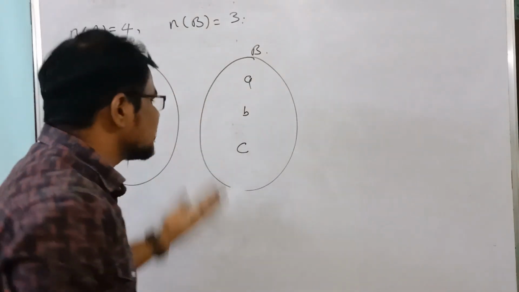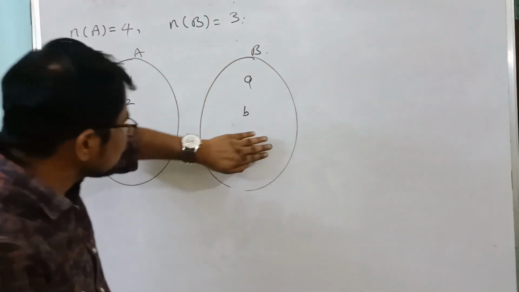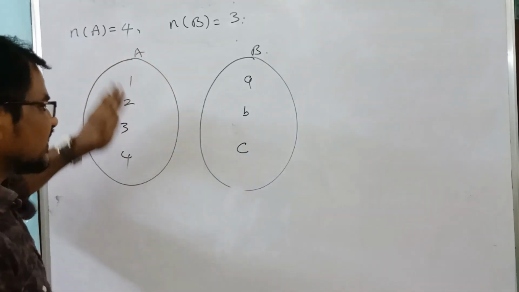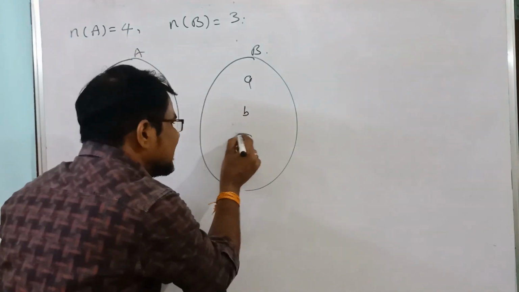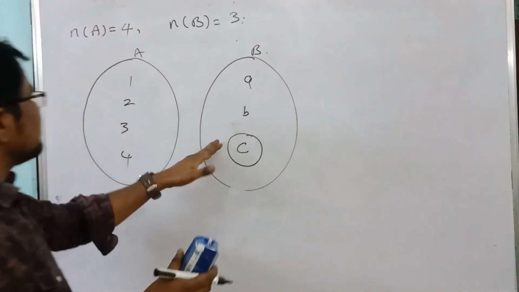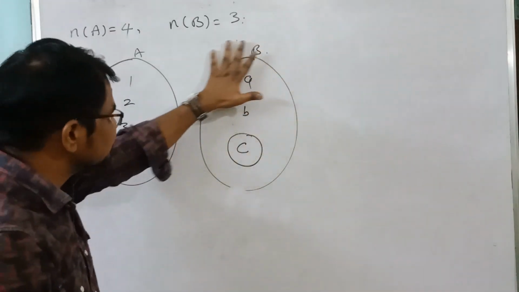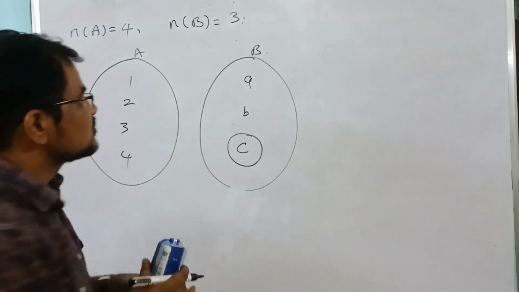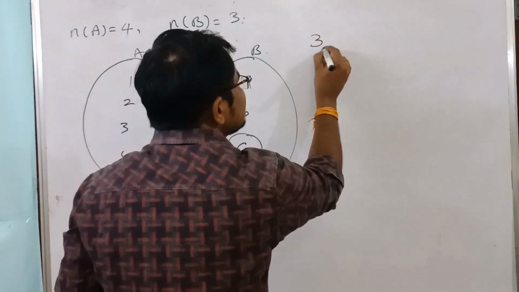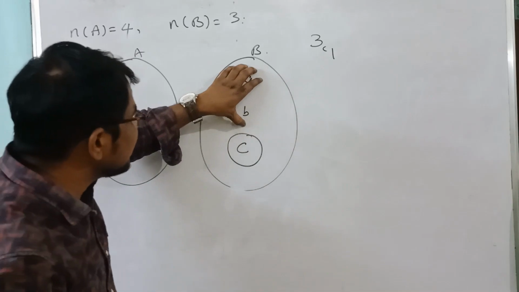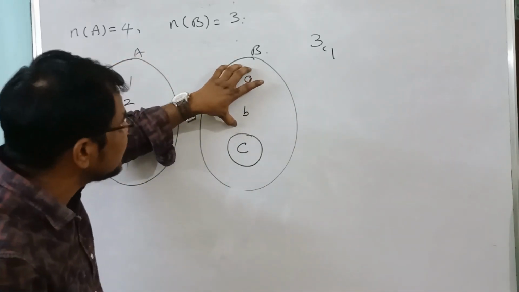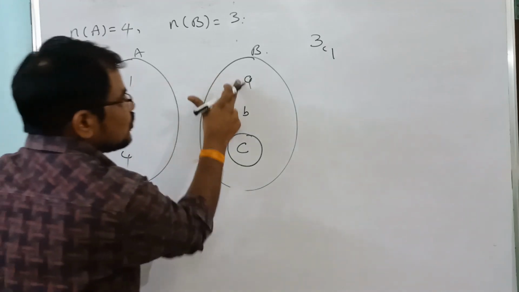So what is the definition of the into function? At least one element of B has no pre-image in A. So for that, I will take one element in B for which there is no pre-image in A. So first we have to consider, out of 3 elements, select one element. How to select? That is 3C1. Now for the remaining elements in A, how to take images from B? For 1, 2 images are there.